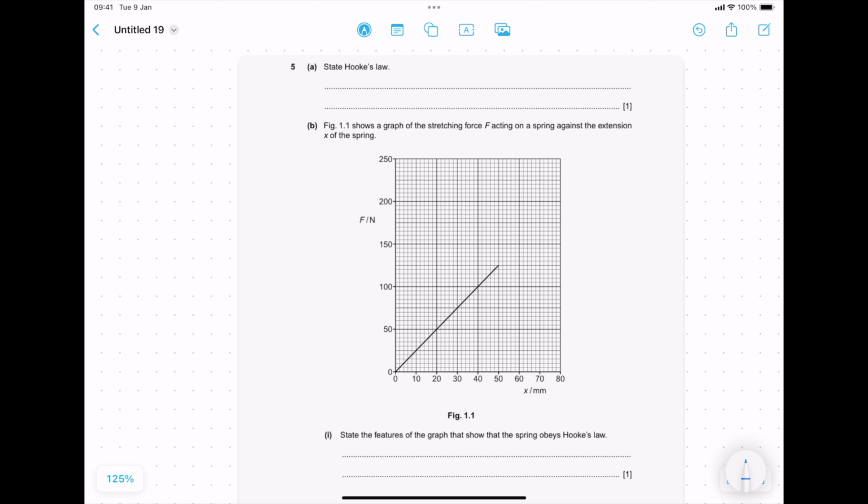Before we get into the question we have here, question 5, let's recap some basics about Hooke's law. A good point to start would be actually the very first question. So what is Hooke's law?